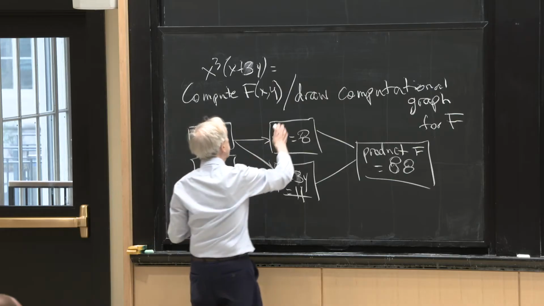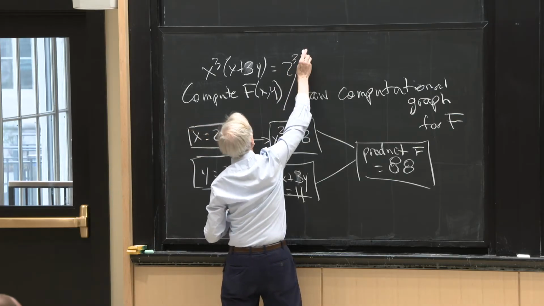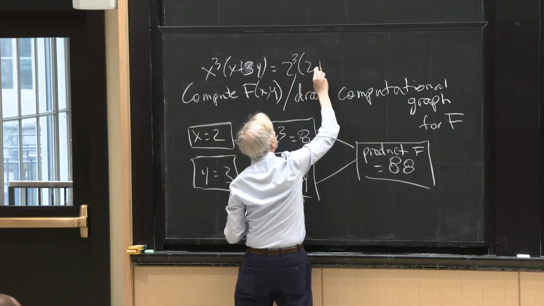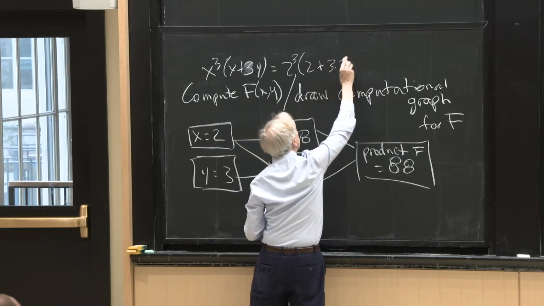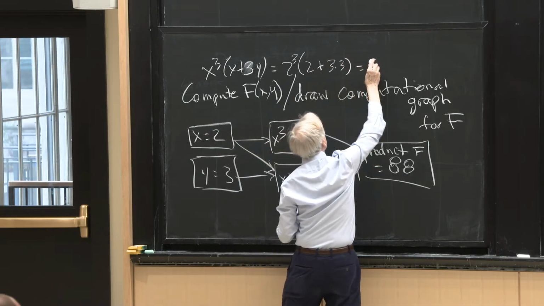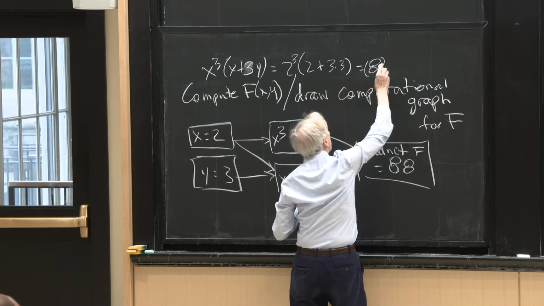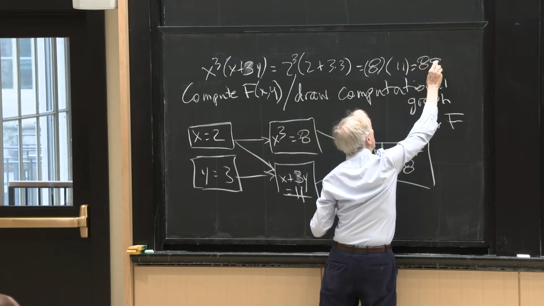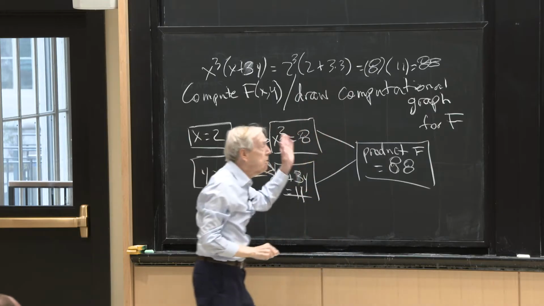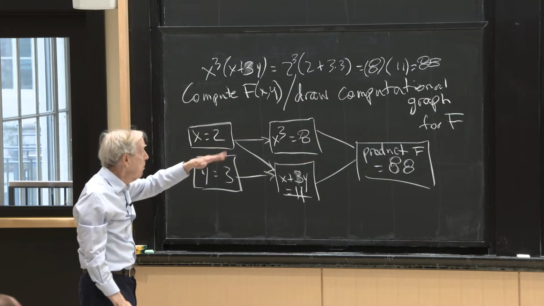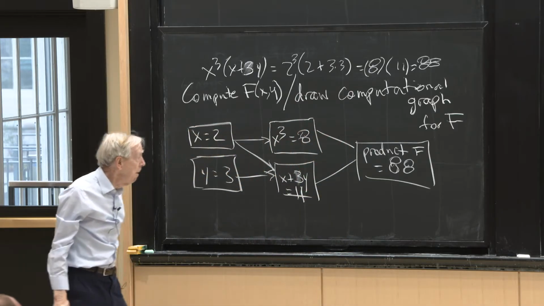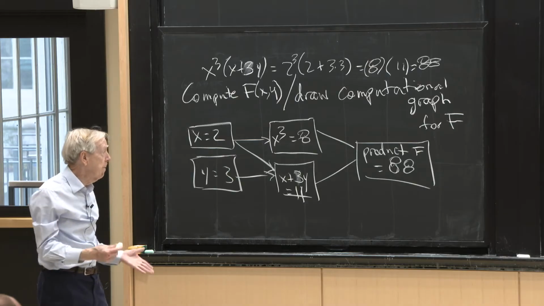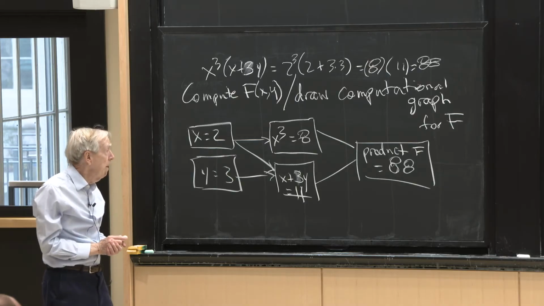I would have said 2 cubed times 2 plus 3 times 3, and I'd have simplified that to 8 times 11, and I would have got 88. So if we were just writing normally, that would do it, but this is the picture of the computational graph.